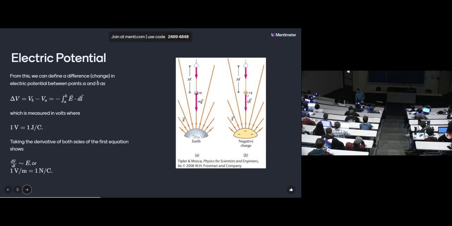B is where the charge exists now. It's just the difference in potential at these 2 points. And that's equal to minus the integral from A to B of E dot dl. This is measured in volts, which is just a joule, energy, divided by charge, a coulomb.